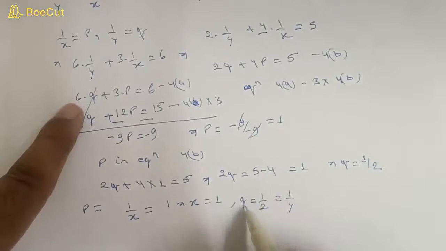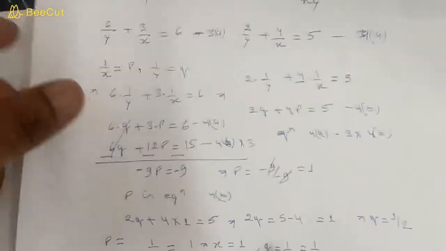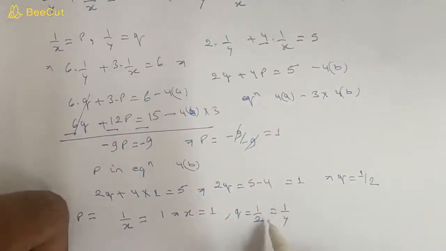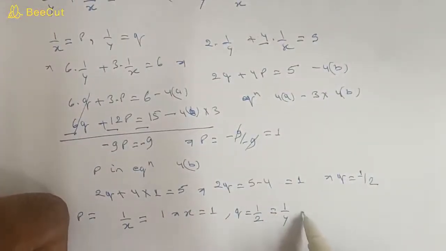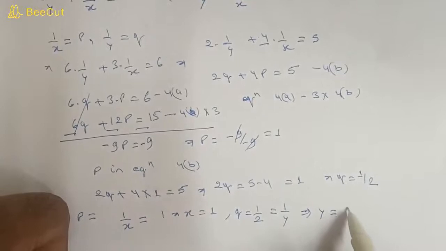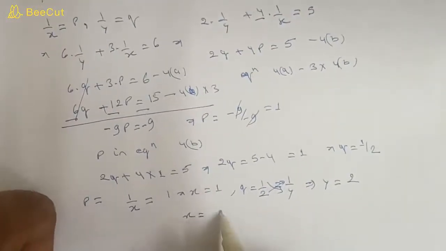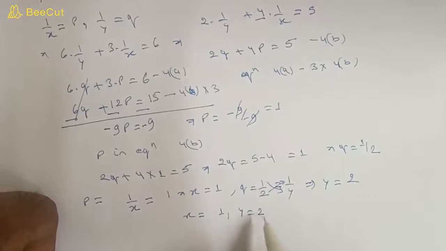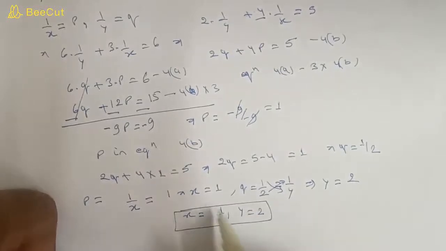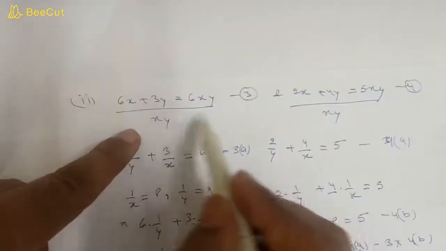We have given q is equal to 1 by y here. So if we put the value of q is equal to 1 by y, then 1 by y is equal to 1 by 2. So y is equal to 2. You can cross multiply, y into 1 is equal to 2 into 1. Okay, so x is equal to 1 and y is equal to 2 is the solution of these two equations.